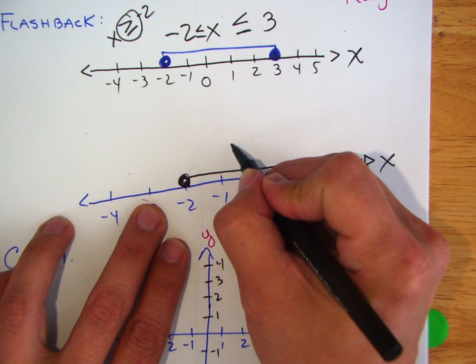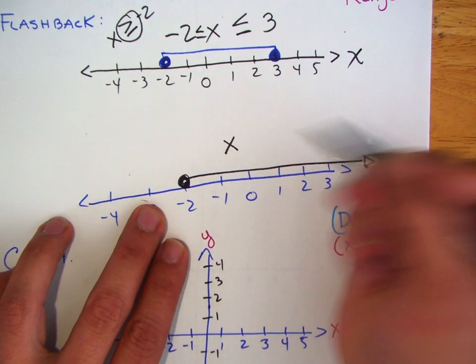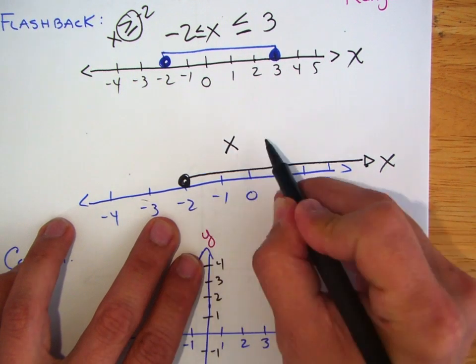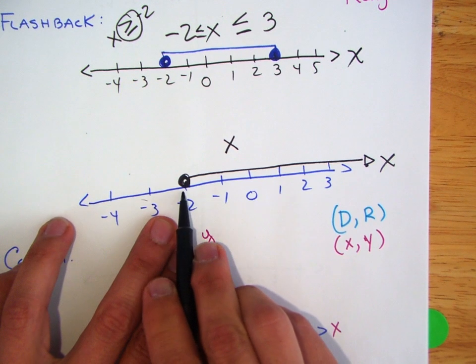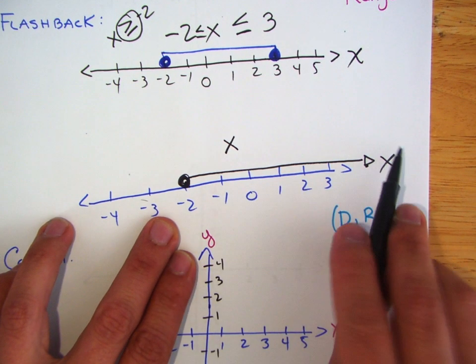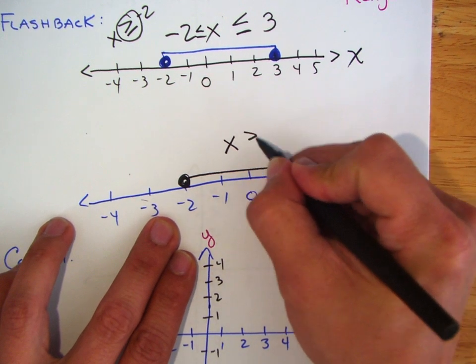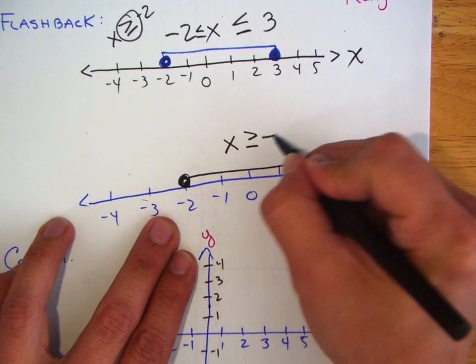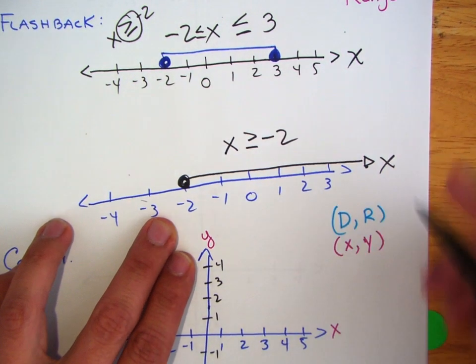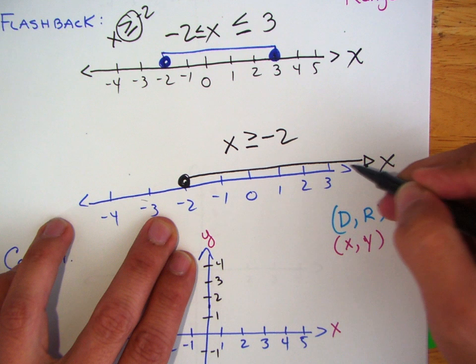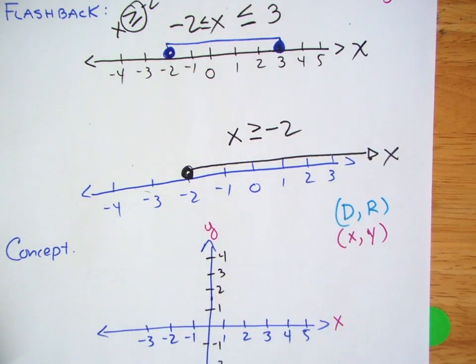This one is pretty easy because x is all the numbers bigger than -2 and equal to -2. Can I use 100? Yeah. So that's a review of what we've done.